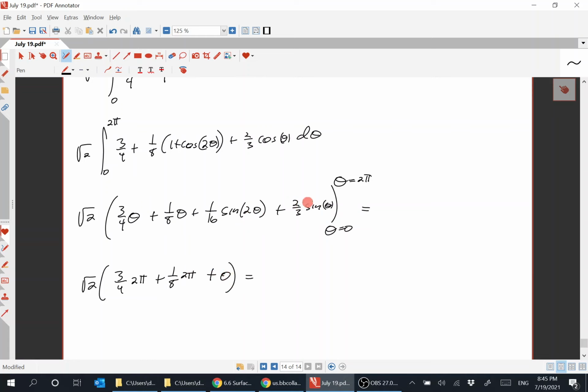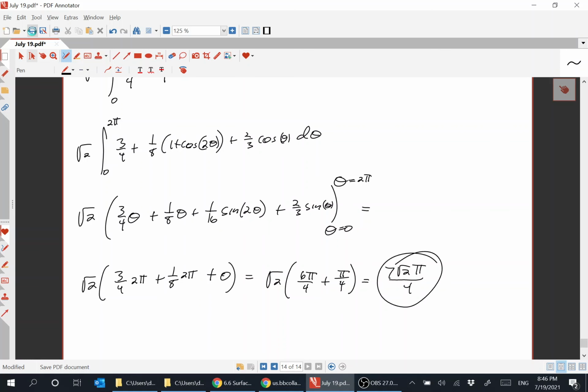And when you evaluate at 0, it's all 0. So we have root 2 times 3 pi over 2 plus pi over 4, so it's 7 pi over 4, so 7 square root 2 pi over 4. That's the final answer for that one.